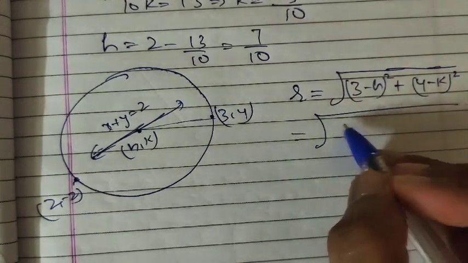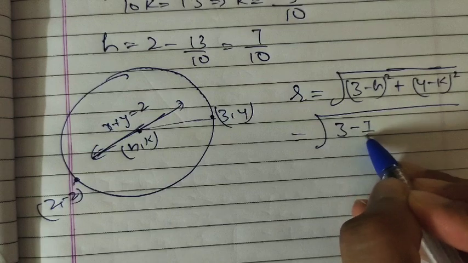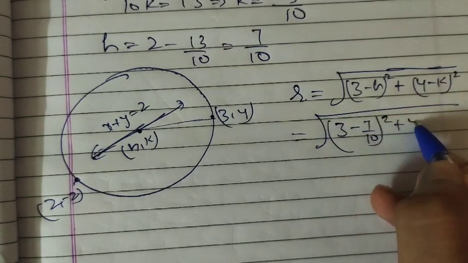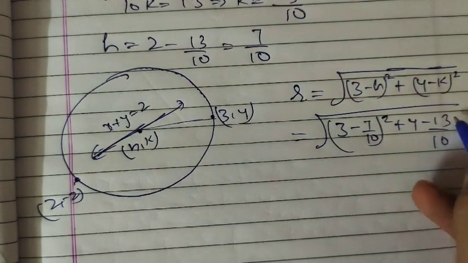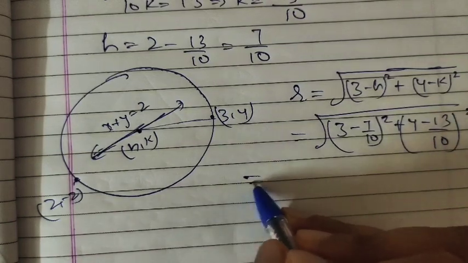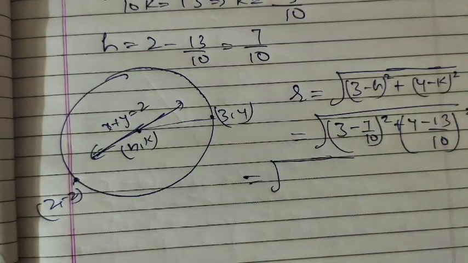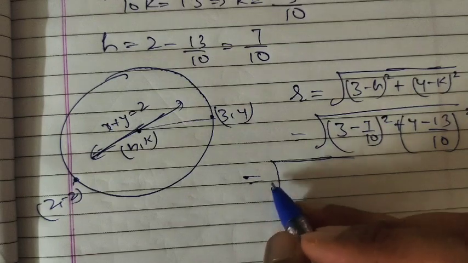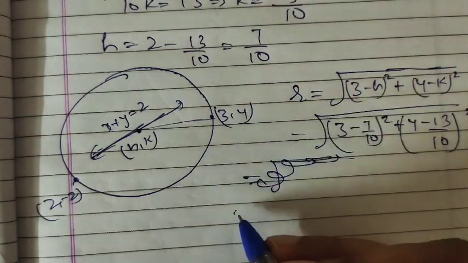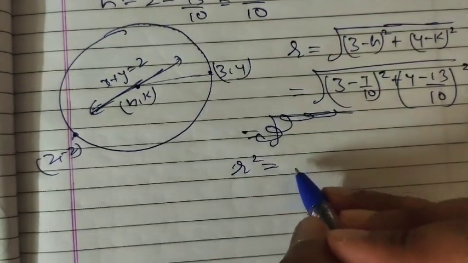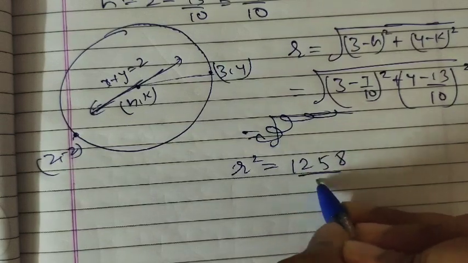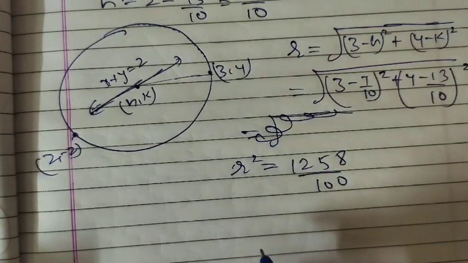So put the values, (3 - 7/10)² + (4 - 13/10)². Just simplify this and you will get the radius. So r² is 1258/100, right? So this is the radius of the circle.